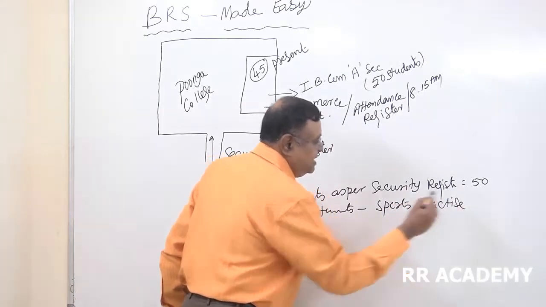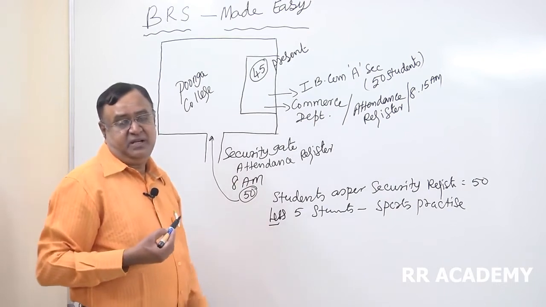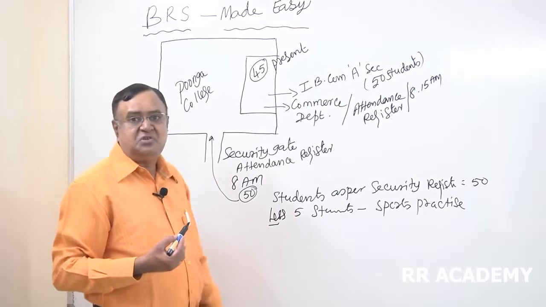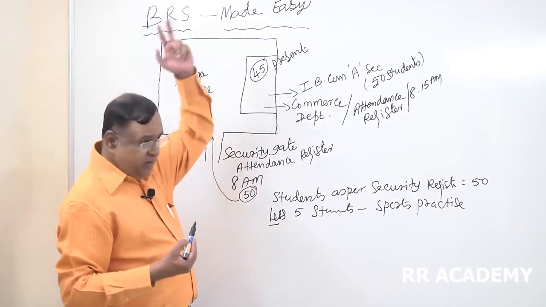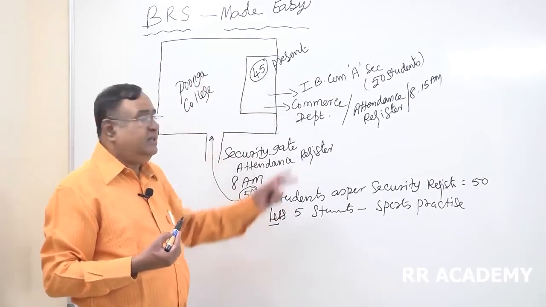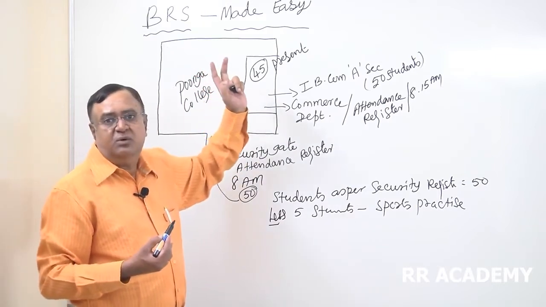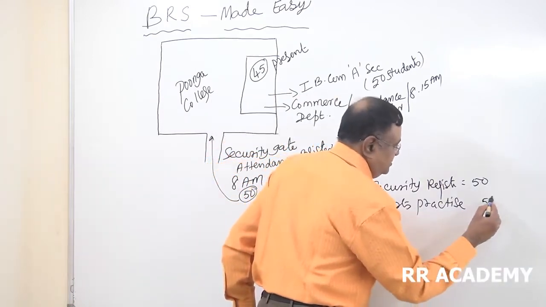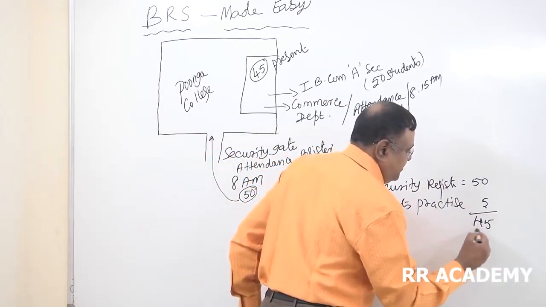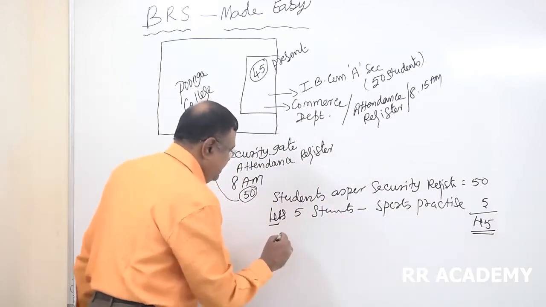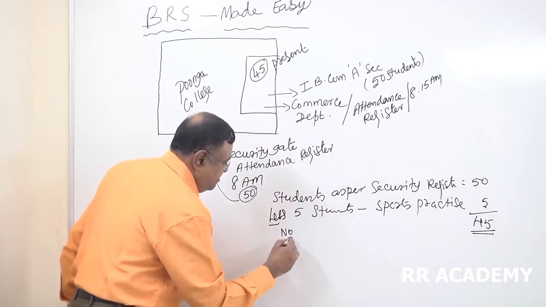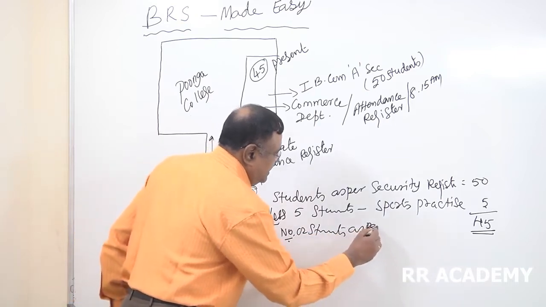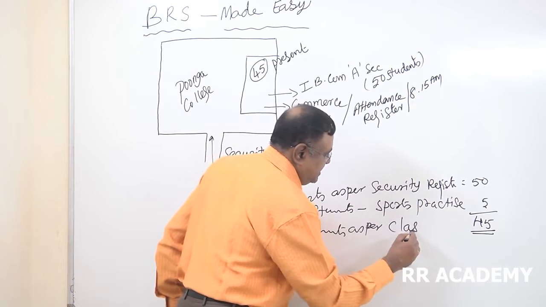Because India is not winning at the Olympic Games, 5 students trained; they went straight to the sports ground. Slip attached. So 5. Therefore 45.